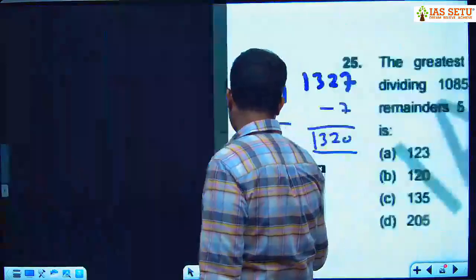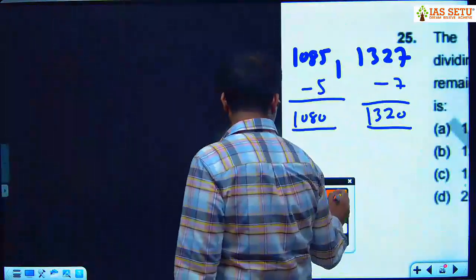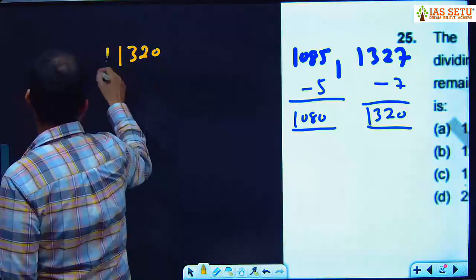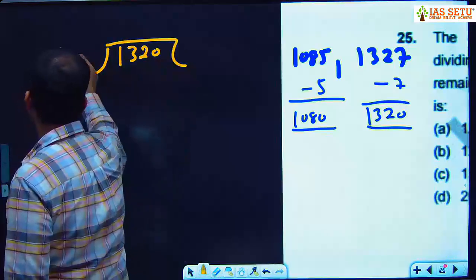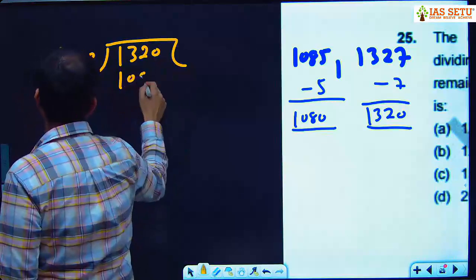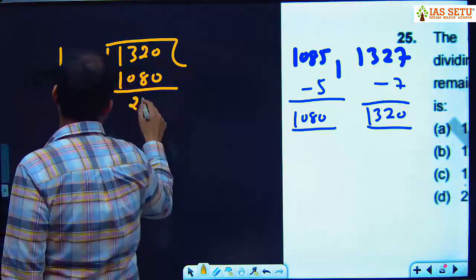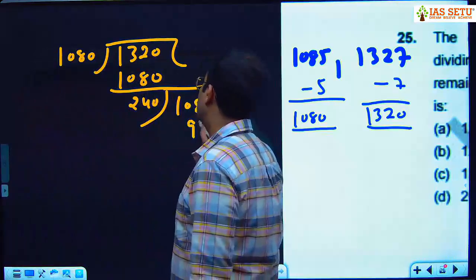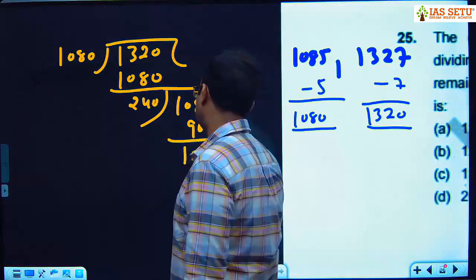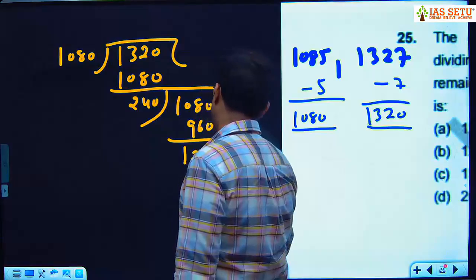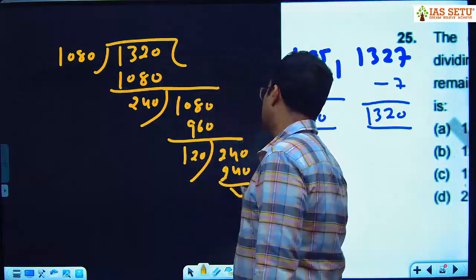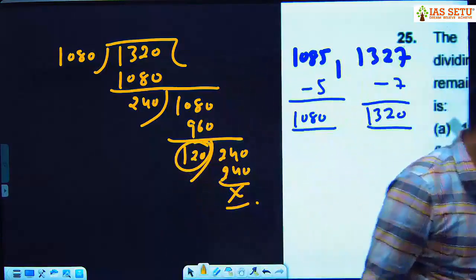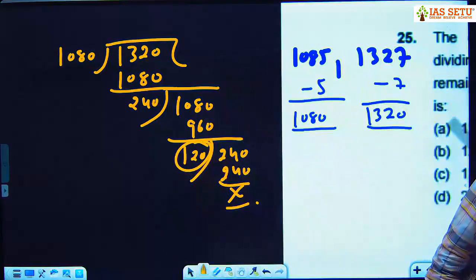Bigger numbers are better handled with the division method, so we use the division method here: larger number divided by smaller number. Okay, so what is the last divisor? 120. So the HCF is 120, the greatest number which satisfies your question.